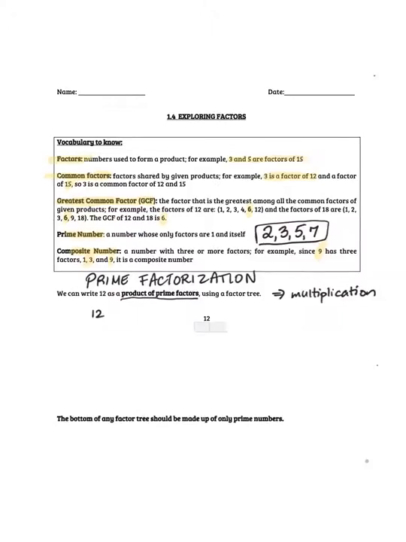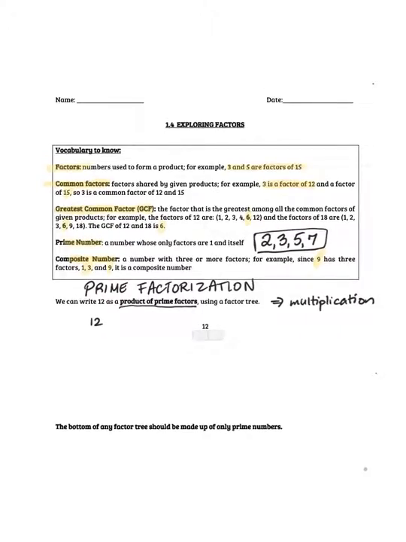I know that one of the arrays of 12 would be 2 and 6. Notice I've written 2 and 6 underneath 12 using 2 lines that are connected to 12. This means 2 times 6 equals 12. Another array of 12 I can think of is 3 and 4.